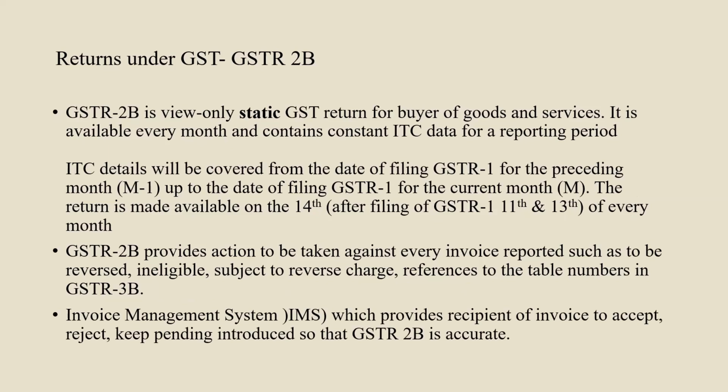This static return means that when you have filed your return on 11th, on 14th this return will get frozen, and this return will then say this is the amount of input on which you can take credit when you have to make your net payment. So suppose 100 rupees was my output tax, and I filed the GSTR1, and 2B becomes available to me on 14th. It is mentioned here for the period between the two reporting periods after filing of GSTR1.